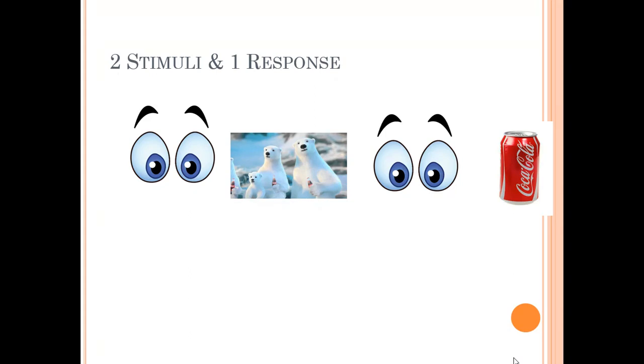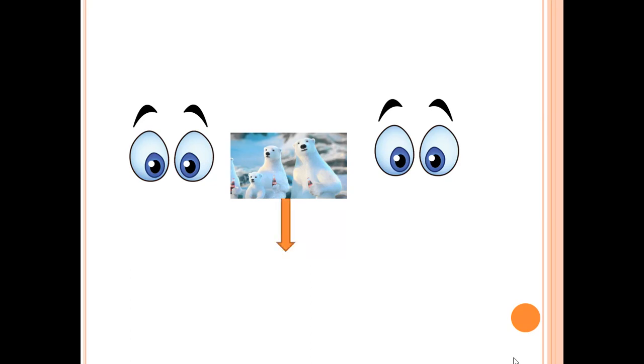Our first stimulus is going to be the product, the logo, or the brand name, and then the other stimulus is going to be the commercial, and the commercial is usually a story or a little bit of a gimmick or a song that is going to give you some sort of response. Because everybody here knows what Coca-Cola is, but if you didn't, Coca-Cola by itself can't give you a response. Not if you don't know what it is.